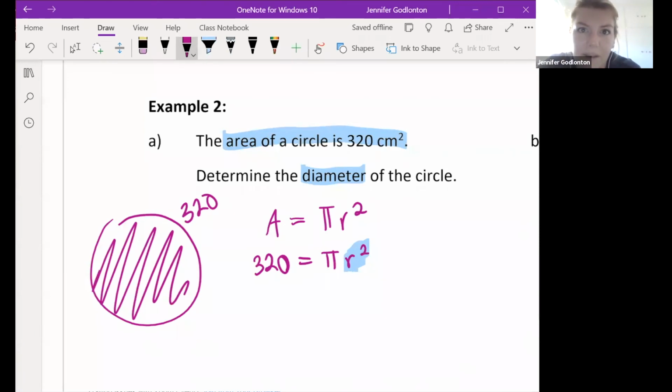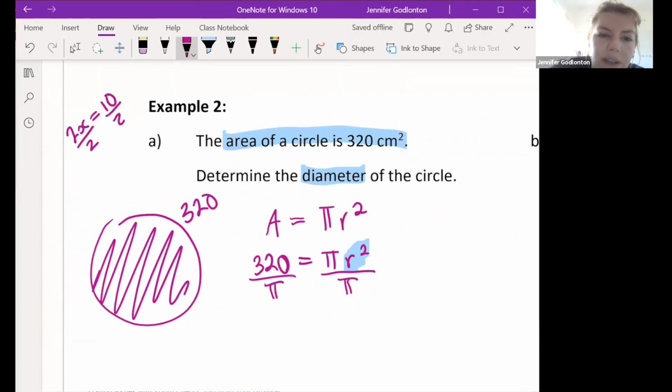So if I'm trying to get our radius to be alone, I'm going to divide both sides by pi. Think about it like how we think of our equations. If you had 2x is equal to 10, then you would know that you're going to divide both sides by 2, so x can be alone. We're doing the same thing here. We're dividing both sides by pi so that r squared can be alone.